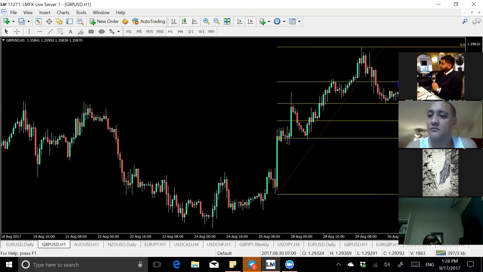But if you were hitting sells from here, yeah, a lot of people might have thought that, oh no, buyers are in control or whatever you want to call it, and it should be going up because it was respecting 38.2 and it's bouncing from there. So a lot of people would have bought here and they would be hoping to take profit here. That's how it usually works with fibs, right?